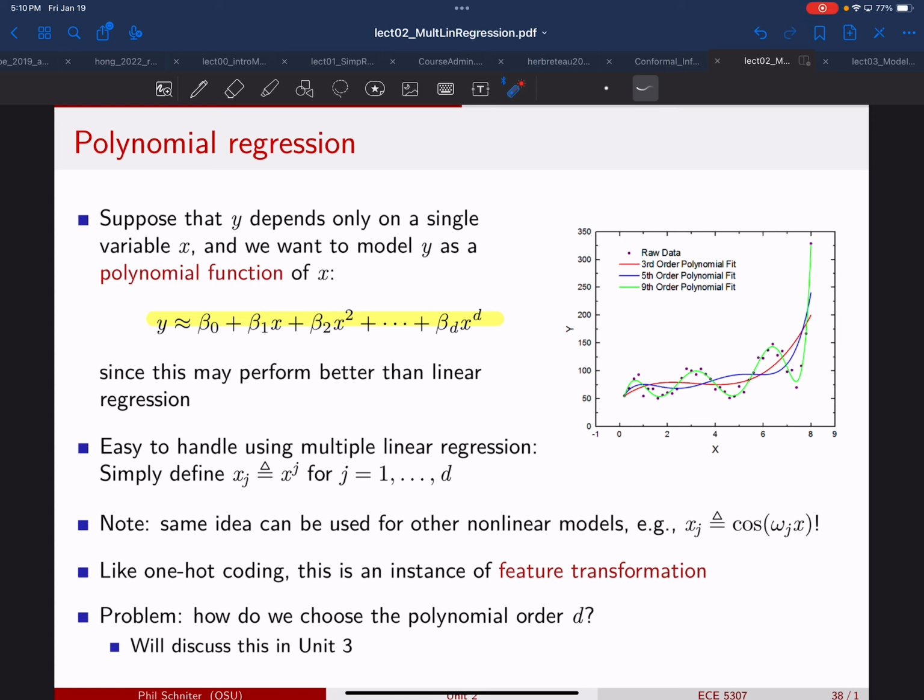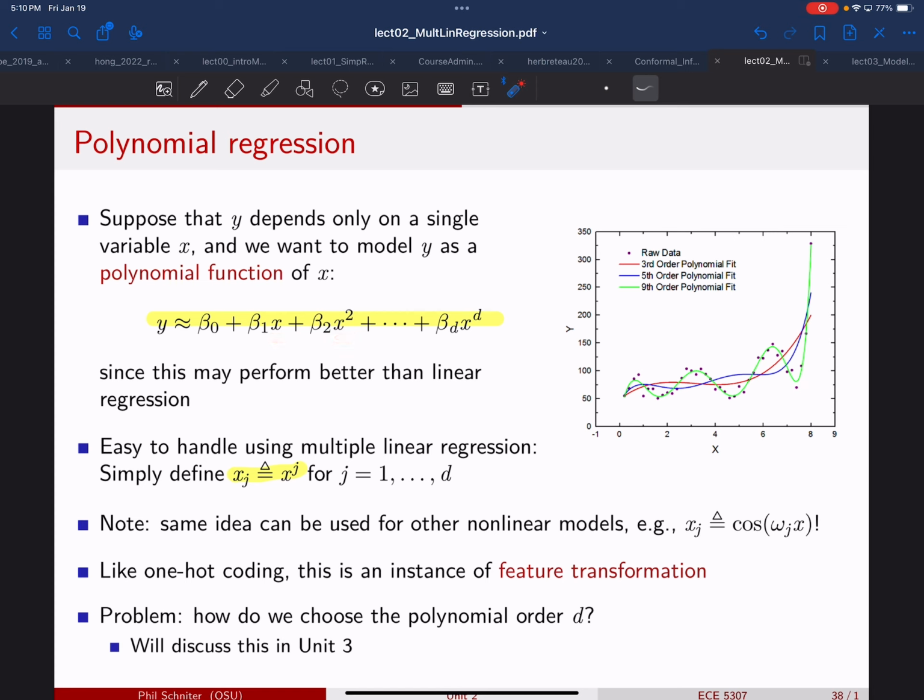In fact, all we need to do is take our scalar x raised to the power j and define that as the jth entry in some vector x. So now this is just like x1, x2, ... xd, and now we have just standard multivariable linear regression.